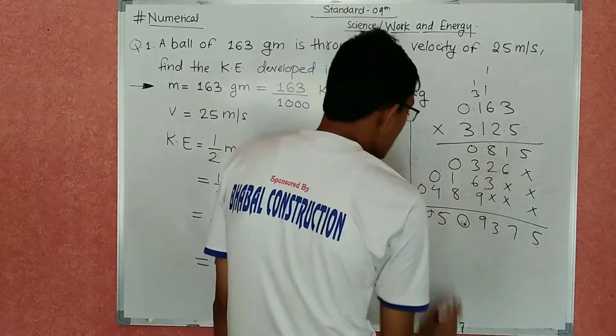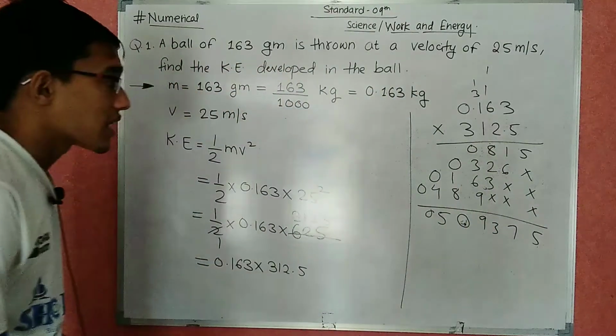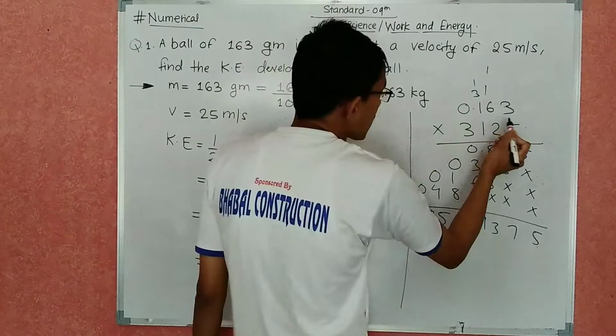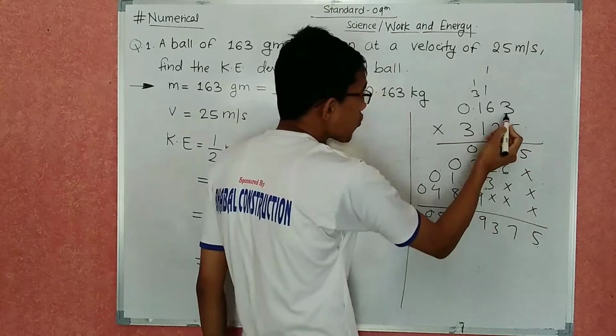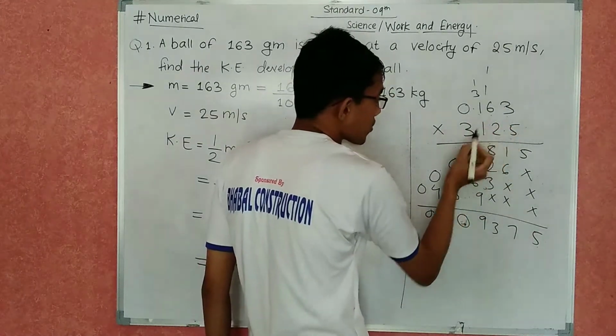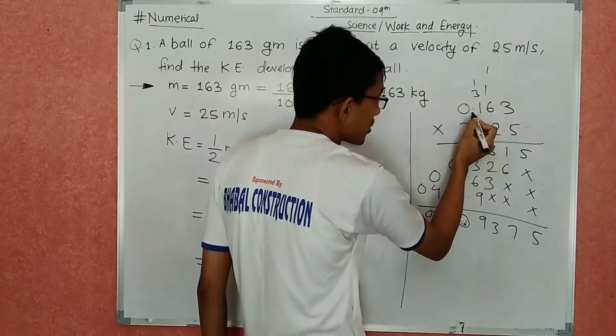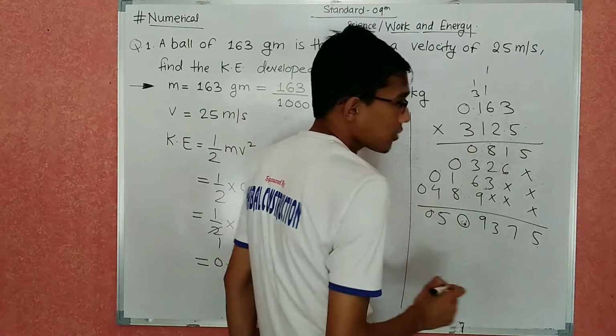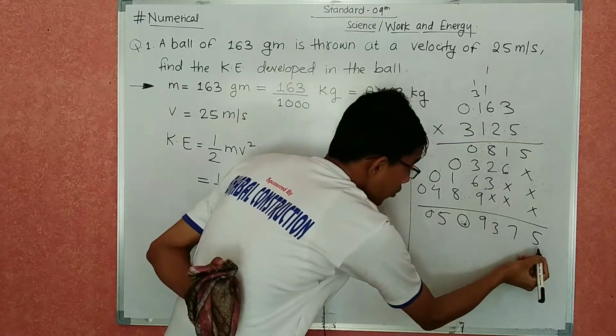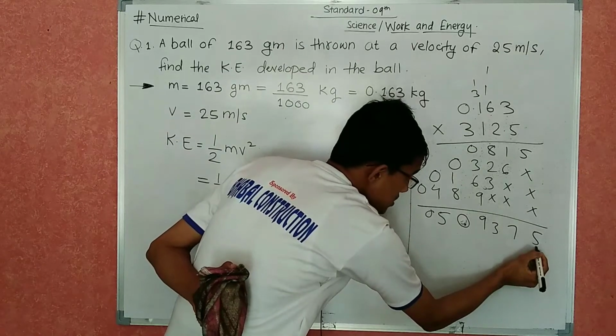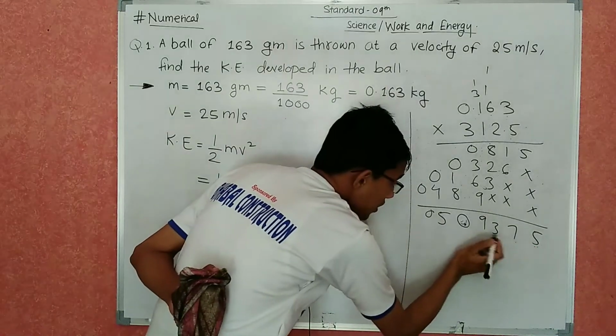So we have got 0509375. Now we have to take the decimal point. So 1 2 3 4. Here after 3 digits and here after 1 digit, so 3 plus 1, 4. So we will take the decimal point after 4 digits from the unit place. So 1 2 3 4.